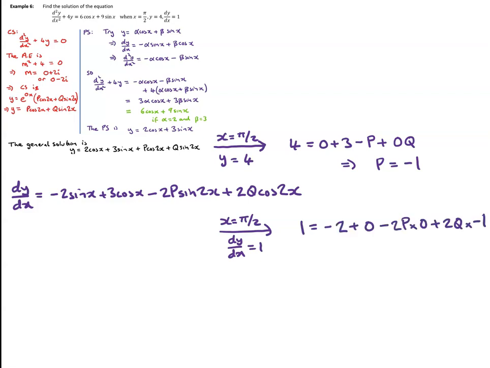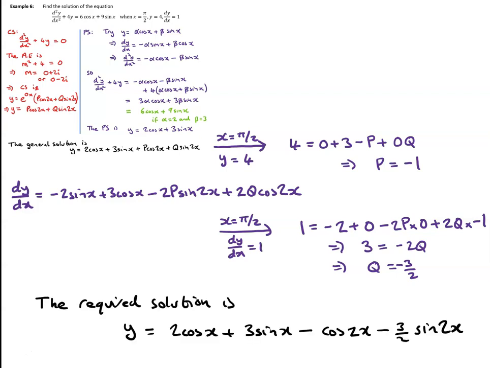So we've got 1 must equal minus 2 sine pi by 2, which is just minus 2, plus 3 cos pi by 2, which is 0, minus 2p sine pi, which is 0, plus 2q times by cos of pi, which is minus 1. In other words, we've got 1 equals minus 2, take away 2q. So we've got 3 must be minus 2q, so q is minus 3 over 2.